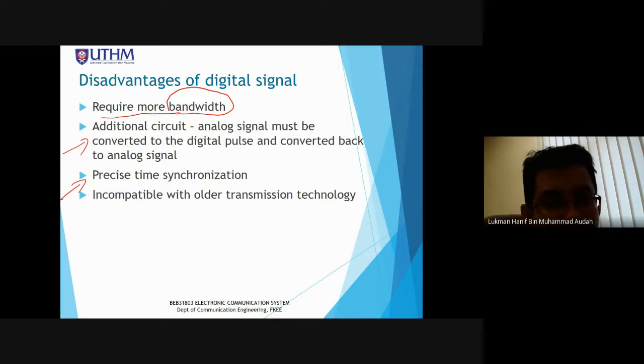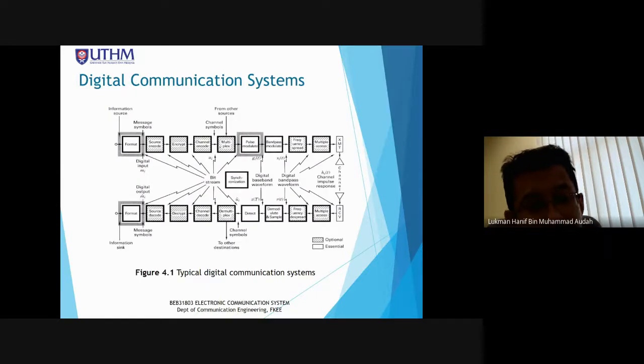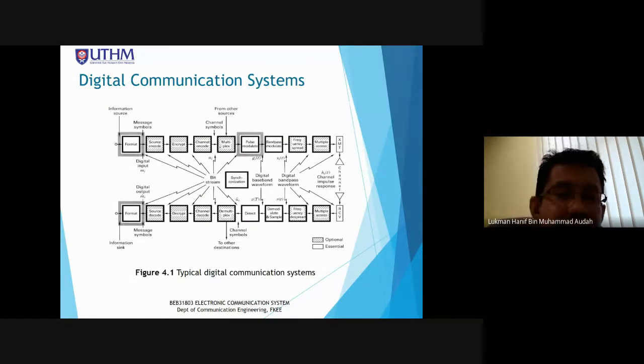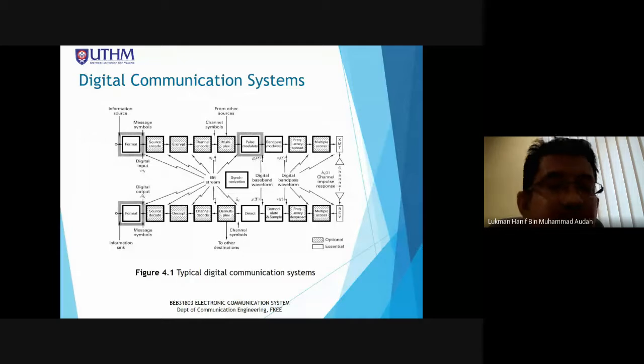Okay, and incompatible with the older transmission technology. Ini transmission older ni, sistem yang lama, mungkin tidak compatible. Okay. Ini gambar ni diambil daripada buku Bernard Scala, Digital Communications.